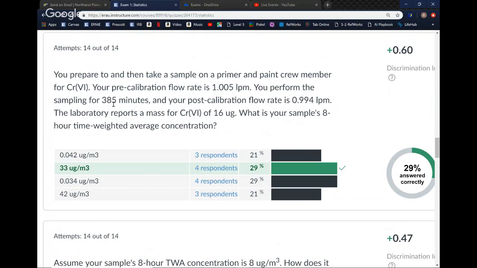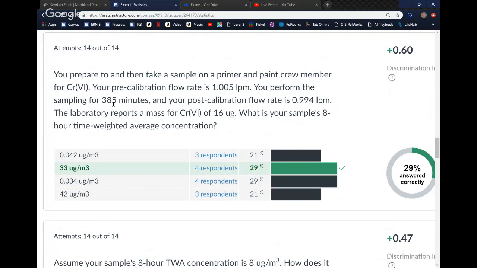All right. So I am just going to plug all these numbers in here, and I'm going to do my line just to be sure that my units are right. So a mass of 16 micrograms divided by a flow of 0.9995 liters per minute, also divided by our time, which is 385 minutes. So I see my minutes are going to cancel.